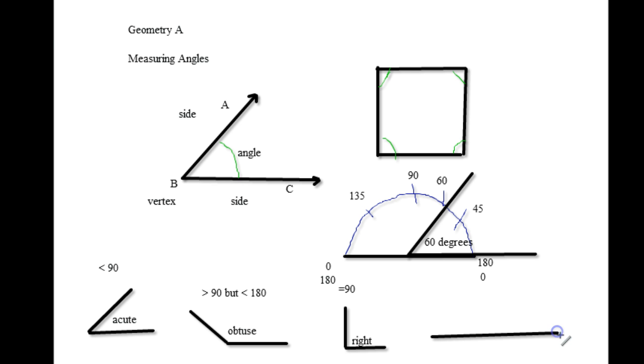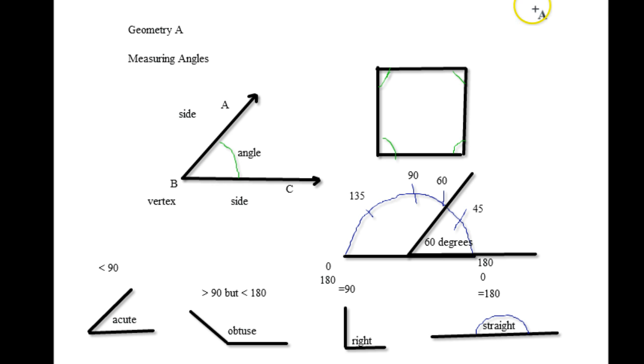Now if something makes a straight line, we call it a straight angle, and that's equal to 180. For now we're just going to be dealing with angle measurements between 0 and 180.